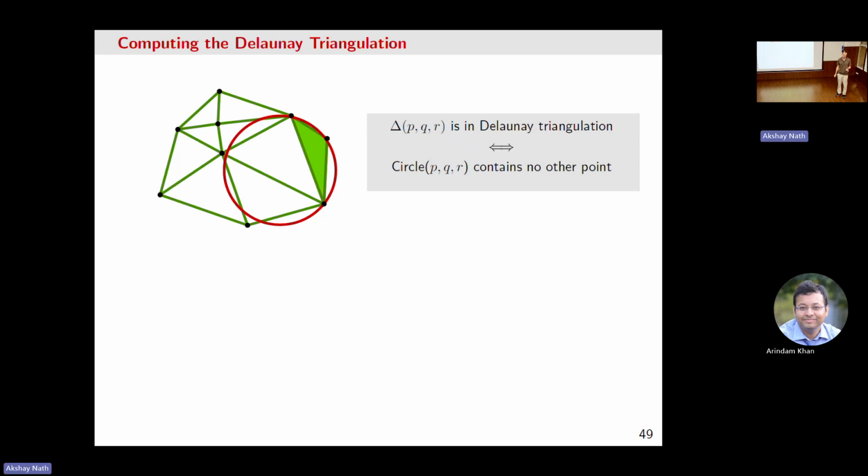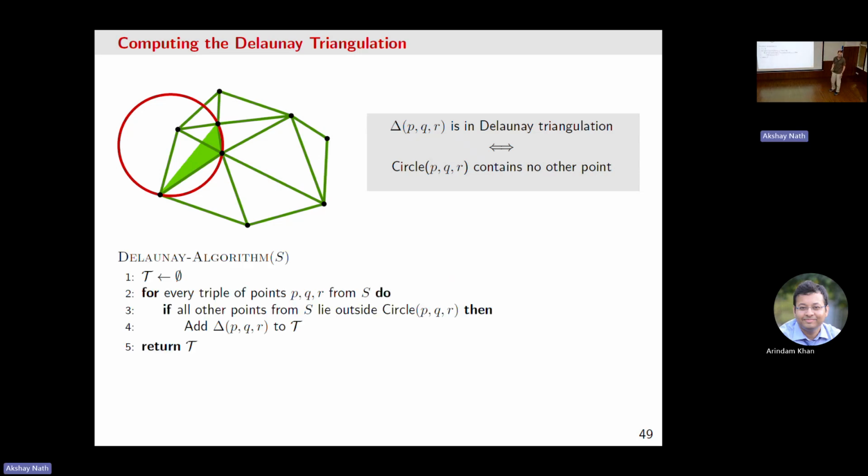Okay, and this is if and only if. So we want to compute all triangles whose circumcircles are empty. So here, this triangle is not part of the Delaunay triangulation because I have this diagonal, and indeed, its circle, there's another point inside.